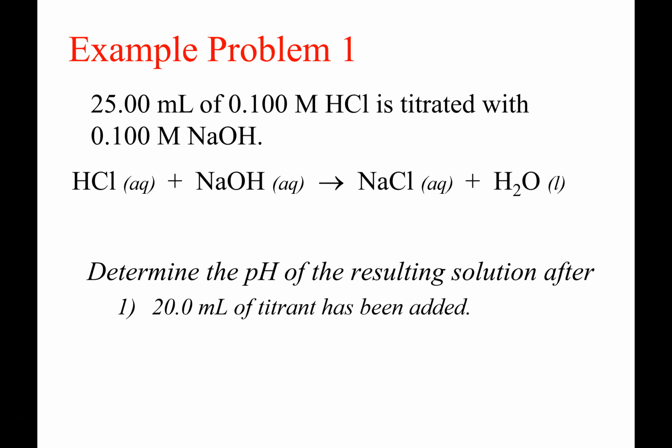So we're supposed to come up with some problems. Let's see, I don't want to say this, but do you guys buy this? I think you probably do. That the balanced equation, if we start out with 25.00 milliliters, 0.100 molar, and the molar concentration of our titrant is also 0.100 molar, do you guys buy this?